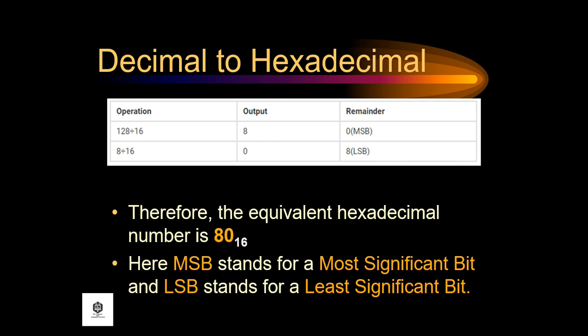Next, 8 divided by 16 is equal to 0, and the remainder would be 8. Therefore, the equivalent hexadecimal number is 80. Here, MSB stands for most significant bit, while LSB stands for least significant bit.